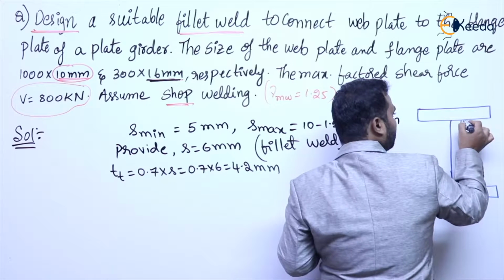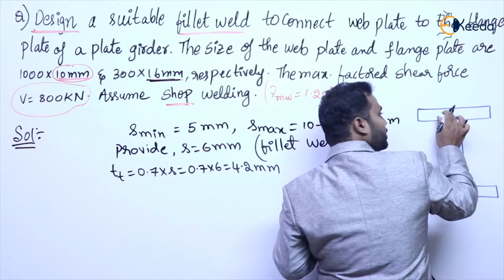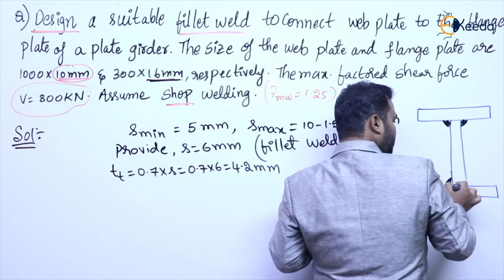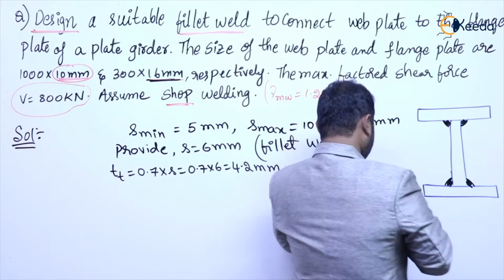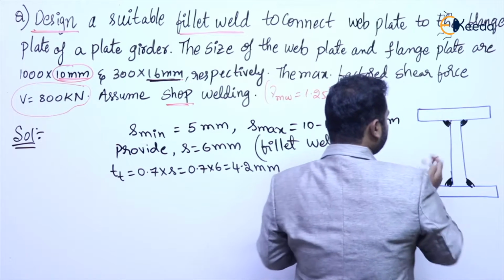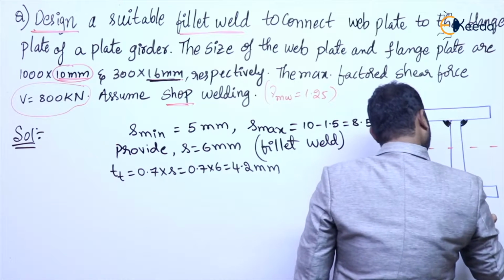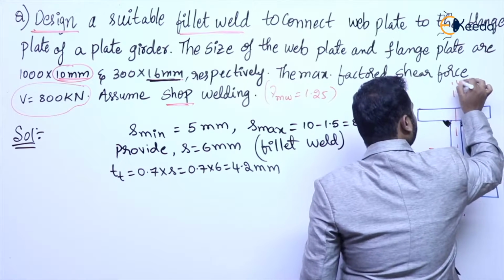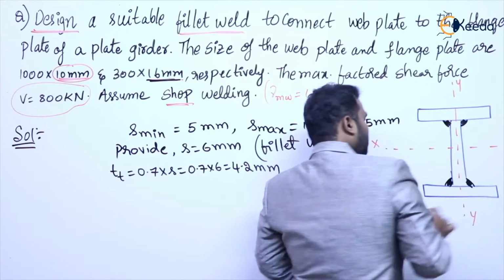This is how the fillet weld is provided for making the connection between flange plate and web plate. Is that clear? Now here are the axes for this plate girder. This is YY and this is XX.